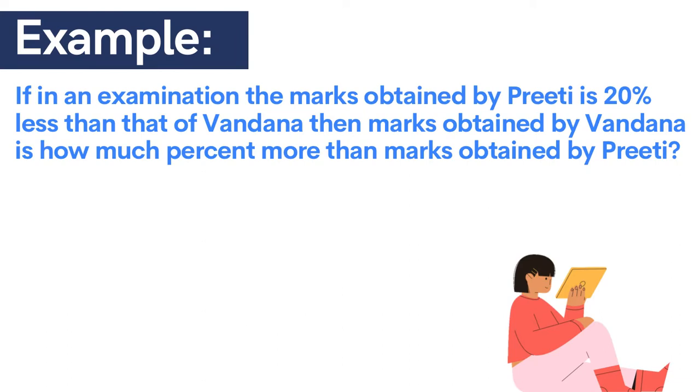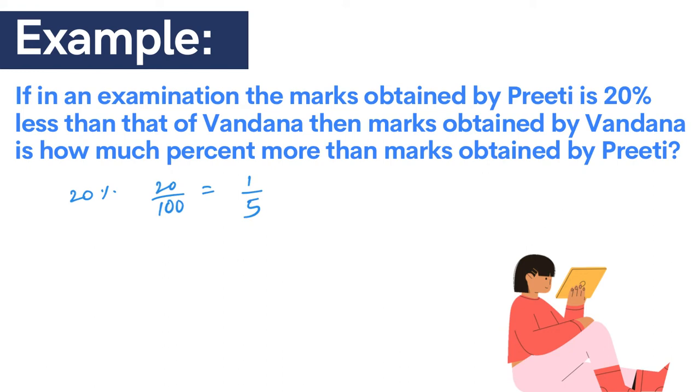The example says: if in an examination the marks obtained by Preeti are 20% less than that of Vandana, then the marks obtained by Vandana are how much percentage more than the marks obtained by Preeti. According to the question, 20% is 20 divided by 100, which gives 1 by 5.